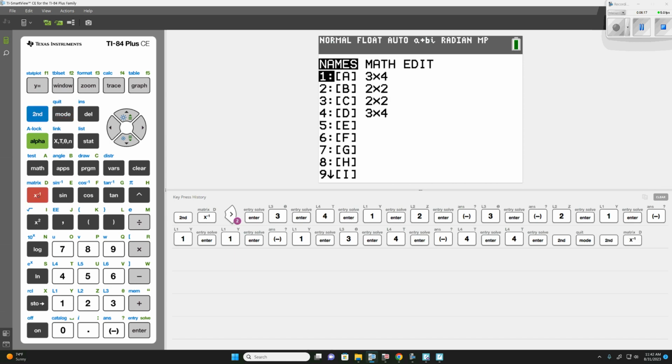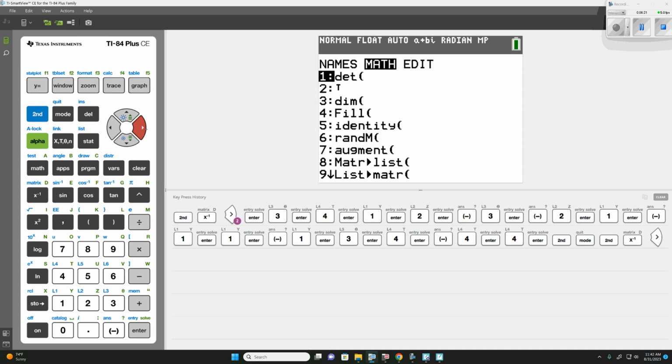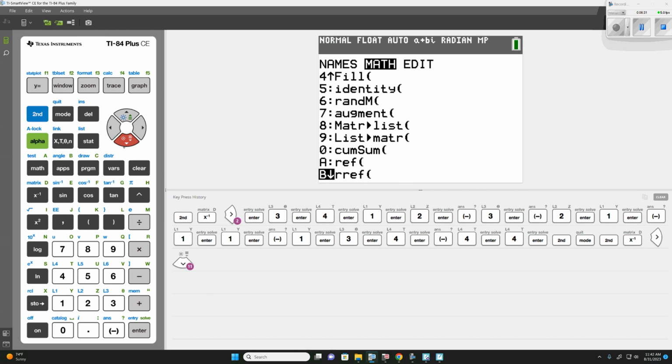Now we're going to go second matrix, go back to it. But instead of going to edit this time, we go to math. Now we want to find RREF in the menu. It should be letter B, RREF, and enter.